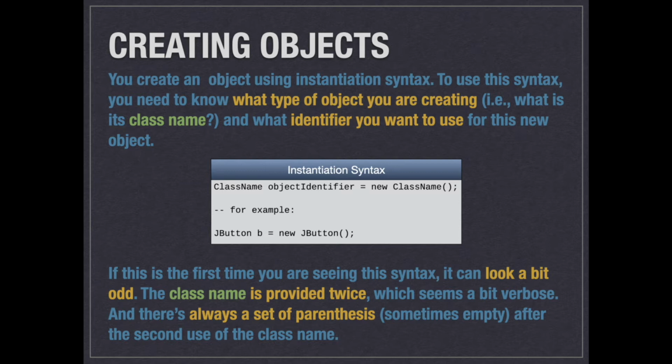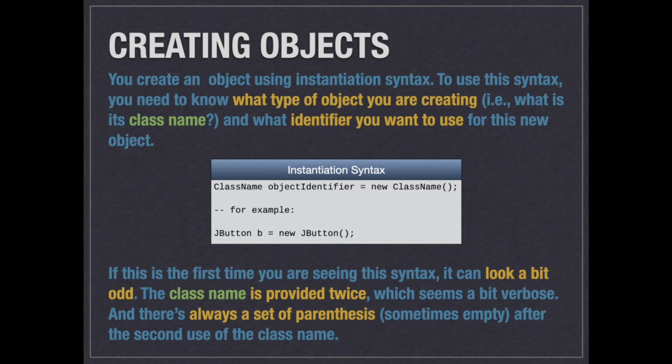So if I have a need for an object of a particular class type, I'm going to use this syntax that involves the name of the class, some valid object identifier that I want to call this, and then the equal sign and the new syntax. And new is followed by the class name again, parentheses that may be empty or not empty, and then the semicolon typically.